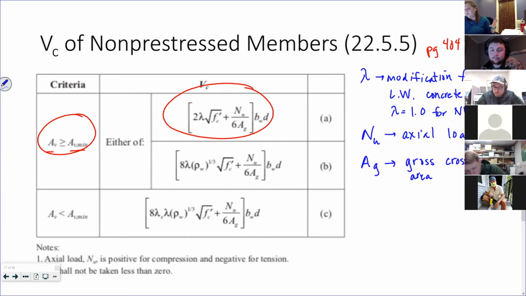Bw is your beam width, d is your depth to your neutral axis, depth to the centroid of your longitudinal reinforcement.